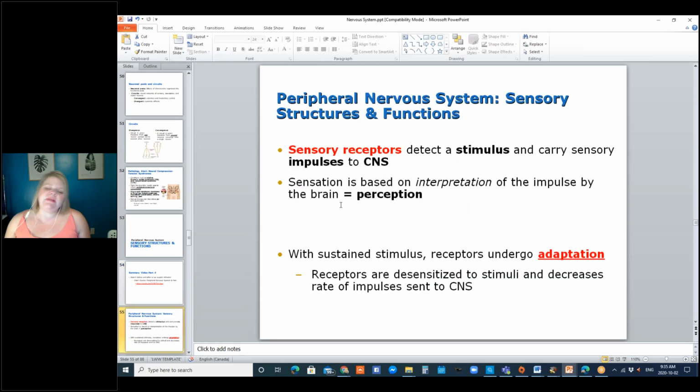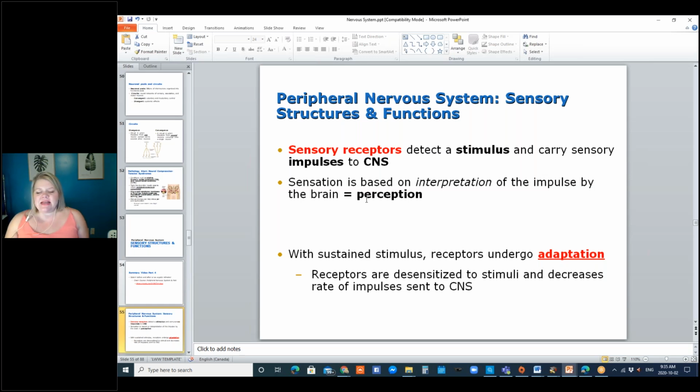Okay, so we know some of these things already, but let's just recap. Sensory receptors detect a stimulus that carries sensory impulses to the central nervous system, the brain and spinal cord. The sensation is based on that interpretation of the impulse by the brain, which is called perception.